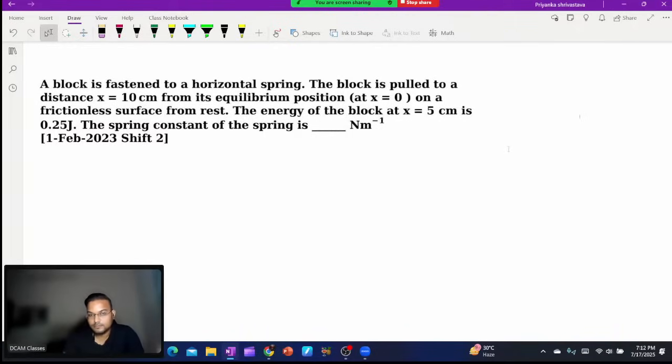So what should be the answer? What answer you are getting? 2 point. No, 67 they are saying. Spring constant is 67. Let's see what others are doing.